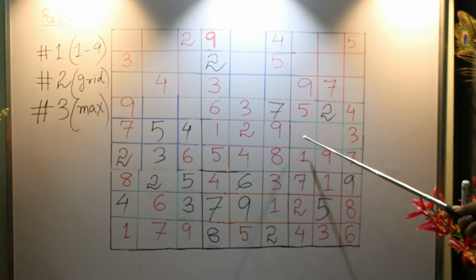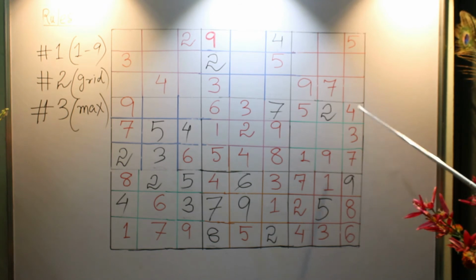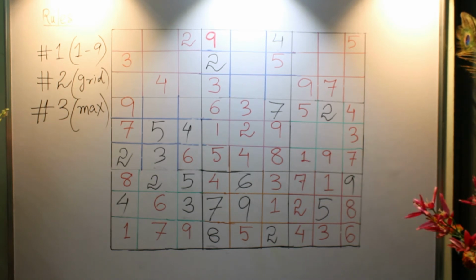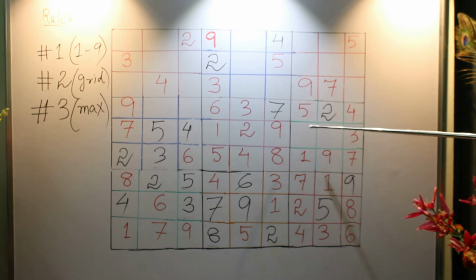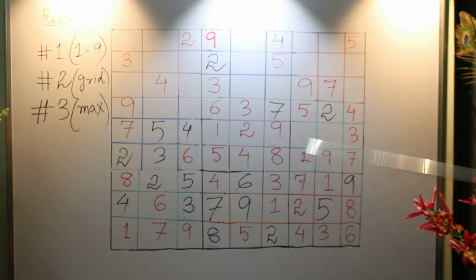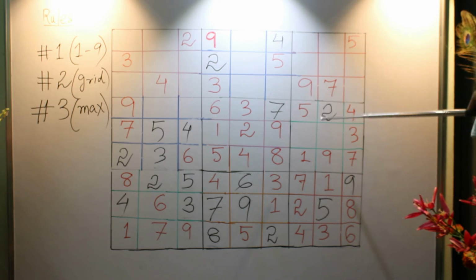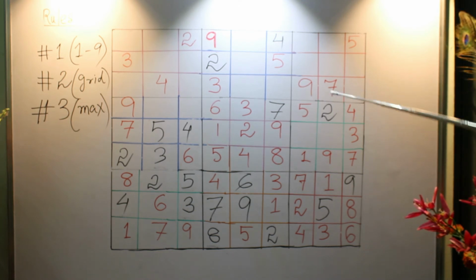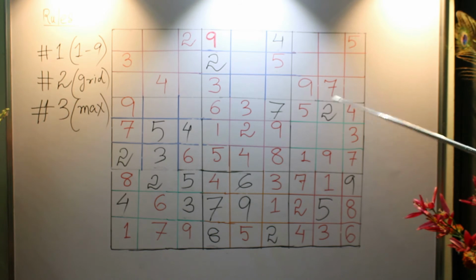Now which number is left? 1, 2, 3, 4, 5, 7, 6 and 8, but there are no clues to put 6 and 8 anywhere in these two boxes because there are no clues from up, down, left and right. So 6 and 8, keep this grid aside and look after some time.